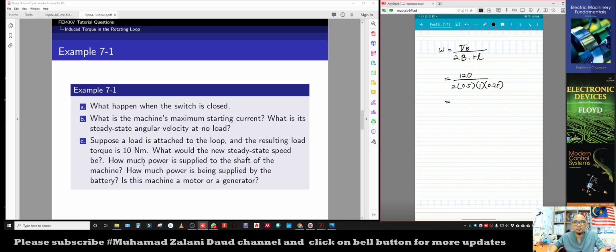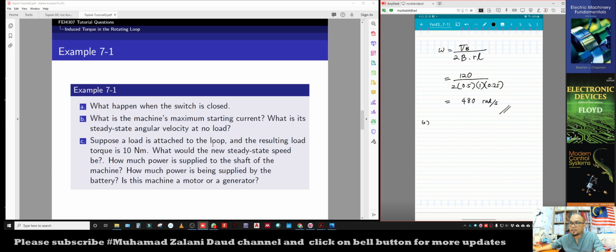When this DC machine achieves its steady state condition, 120 divided by 2, 0.5, 1, 0.25, we get omega equals 480 radian per second. Okay, so that is the answer for B. Okay, C.